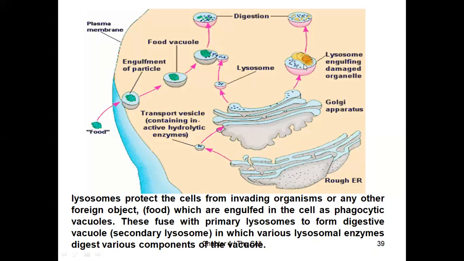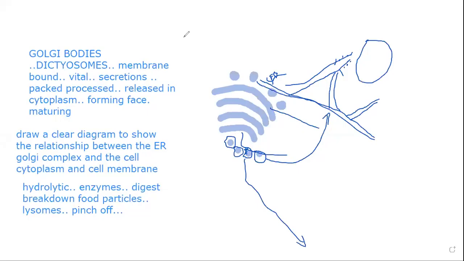Sometimes the lysosome engulfs the damaged material, the damaged organelle, and digests it and breaks it down. This is known as cell apoptosis. Cell apoptosis is the natural death of the cell, a programmed death process of the cell. Let me write it on the board for you. Apoptosis.